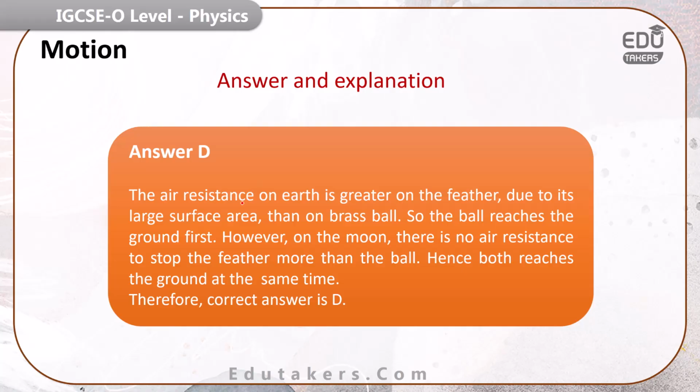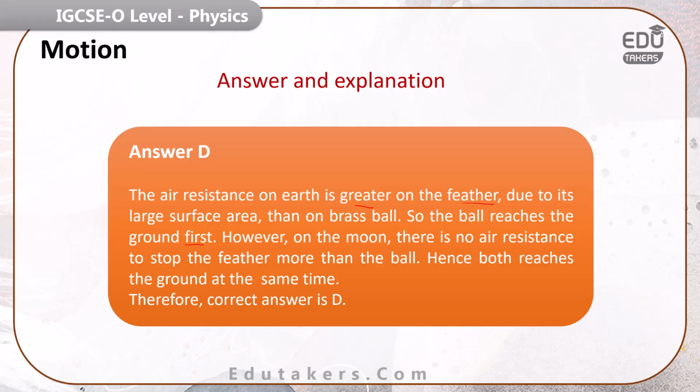You can see here, the air resistance on the Earth is greater on the feather than on the brass due to its large surface area. As the air resistance on the feather is larger, the feather takes longer to reach the Earth. So the ball reaches the ground first.